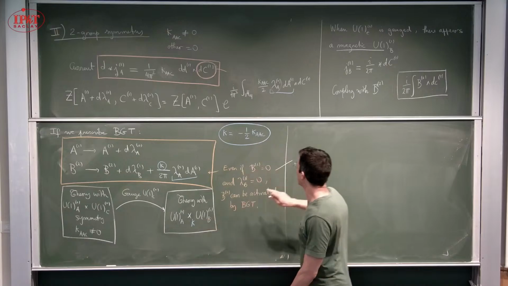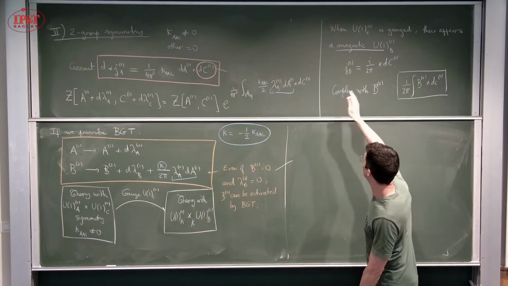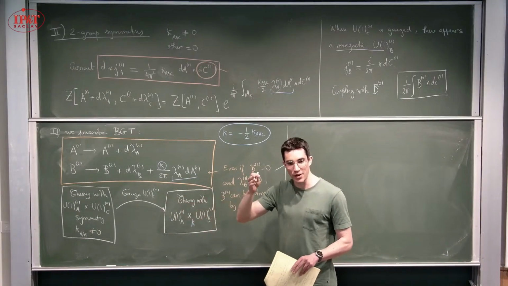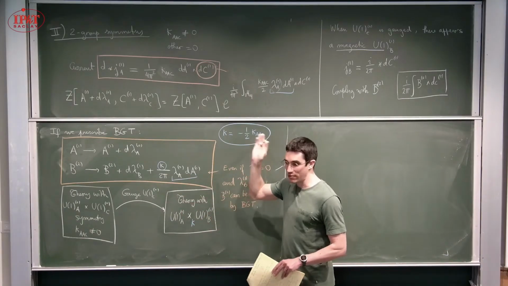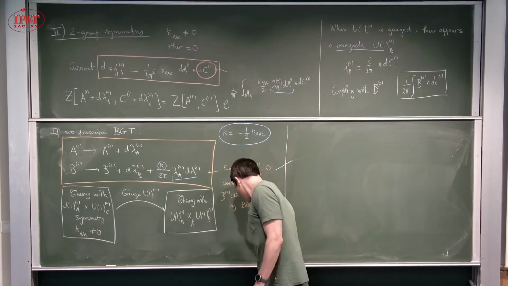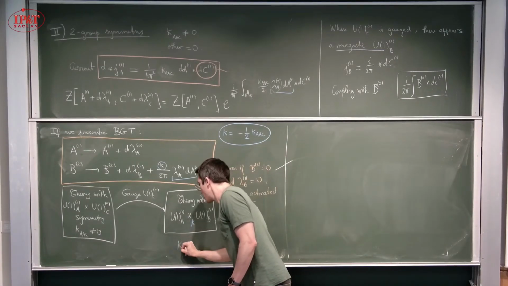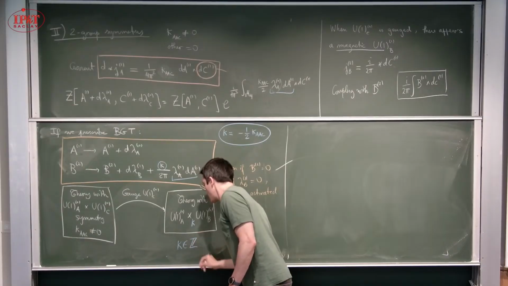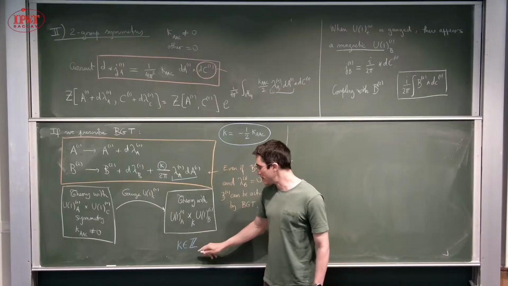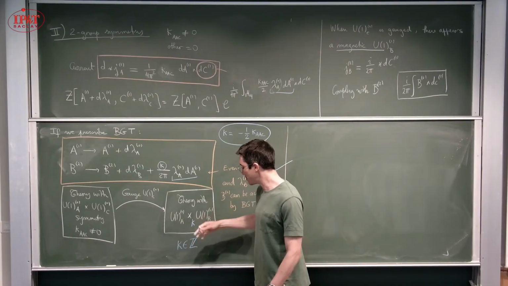Kappa, as we know, comes from an anomaly of U1s, and so it is a quantized number. So kappa is actually an integer, a bit like structure constants, which have some integrality properties.